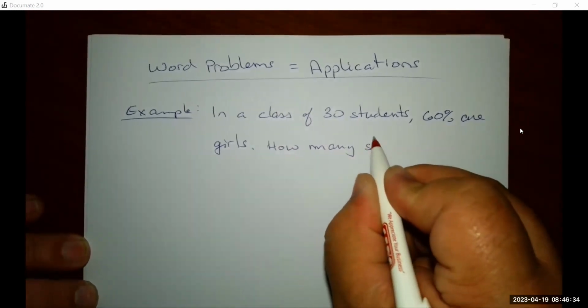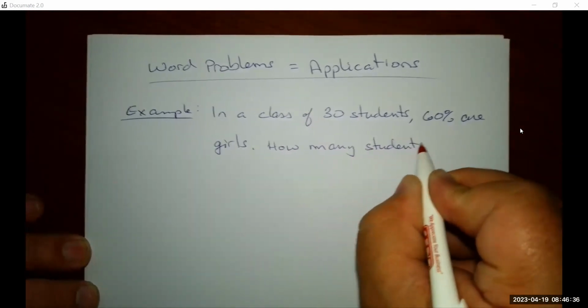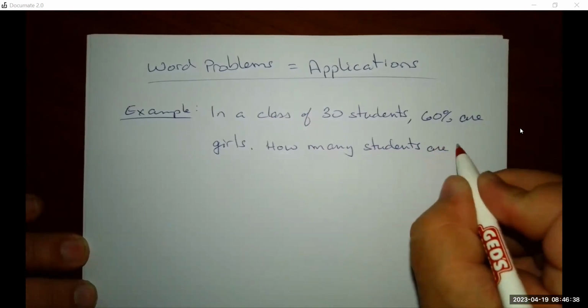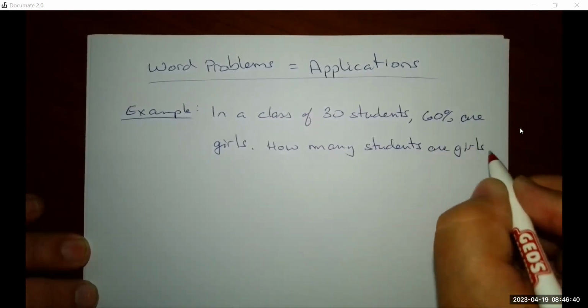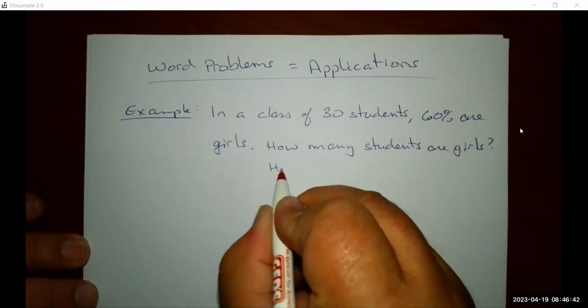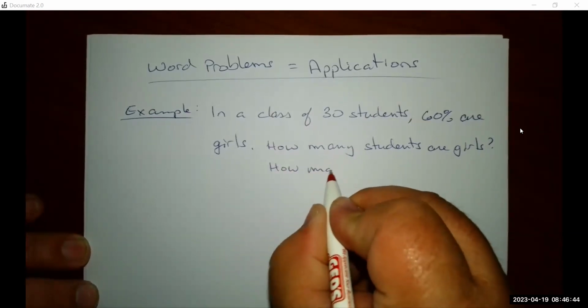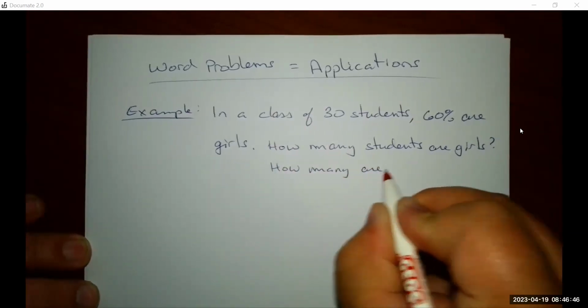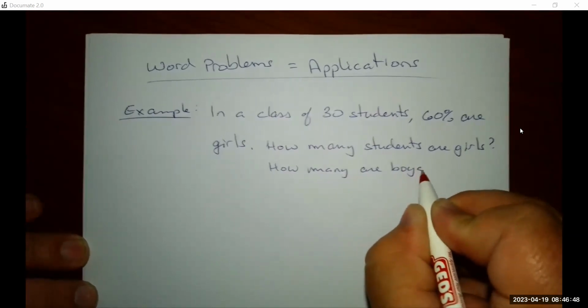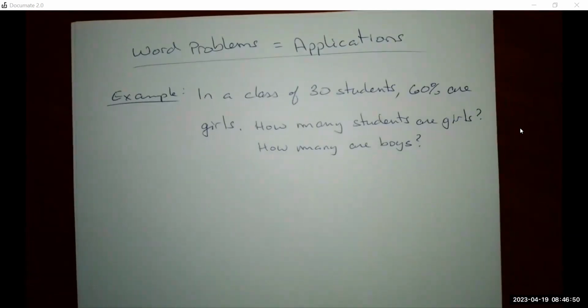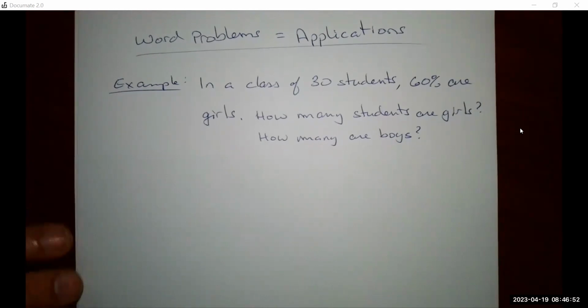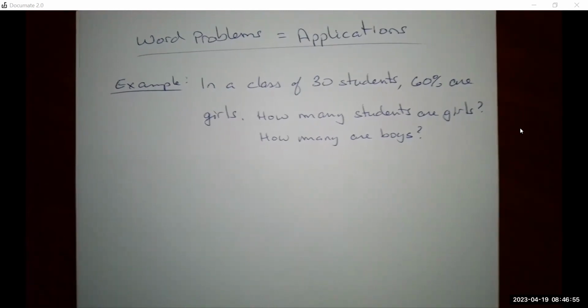How many students are girls? How many are boys?